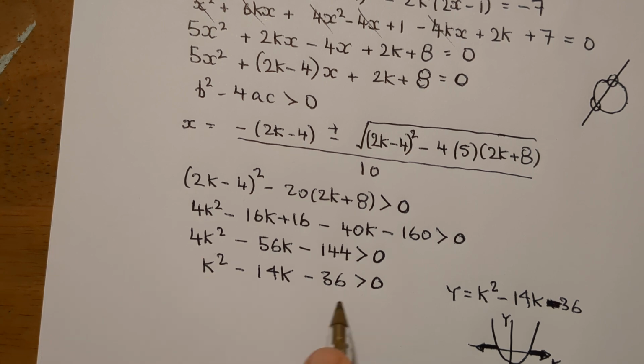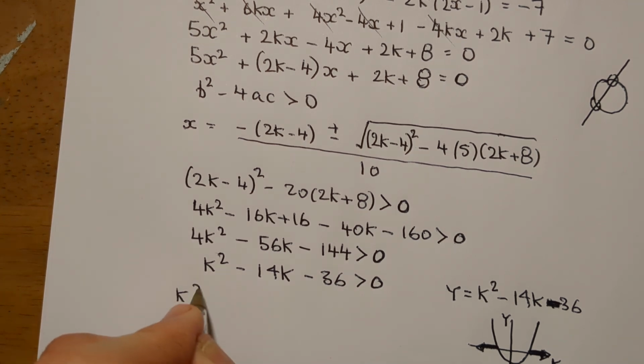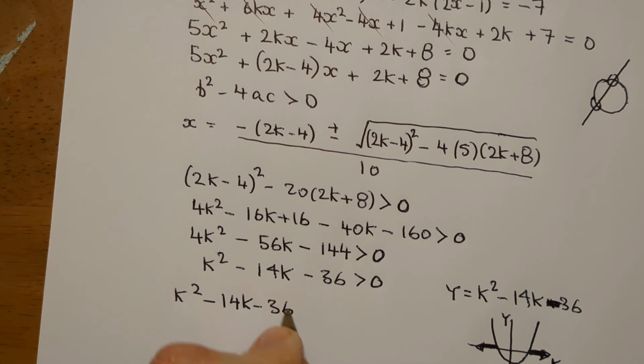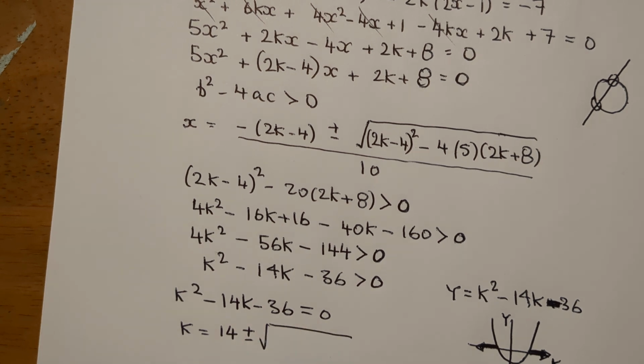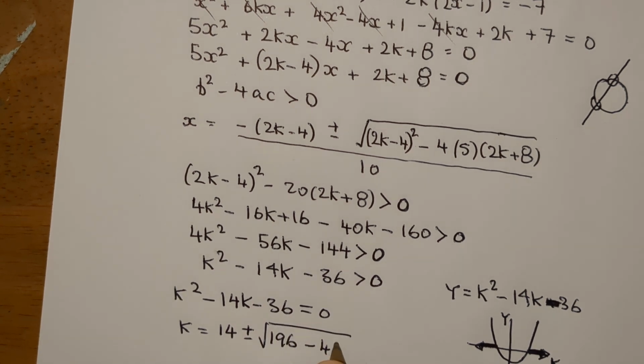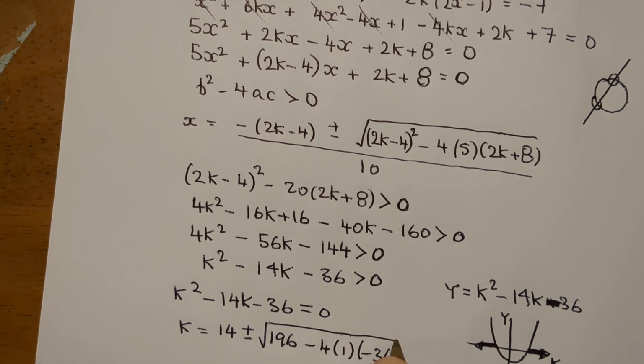So what I'm going to do is solve this as a quadratic equation, as if it was equal to 0. First of all, we get k equals 14 plus or minus the square root of 196, that's 14 squared, minus 4 times 1 times minus 36, all over 2.